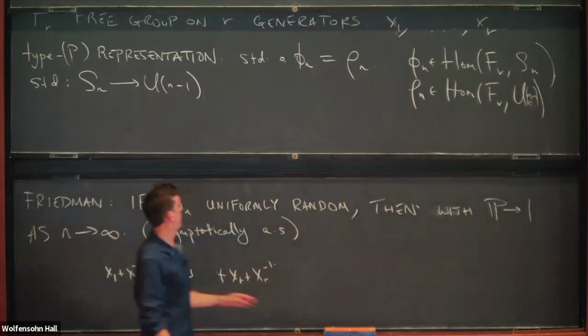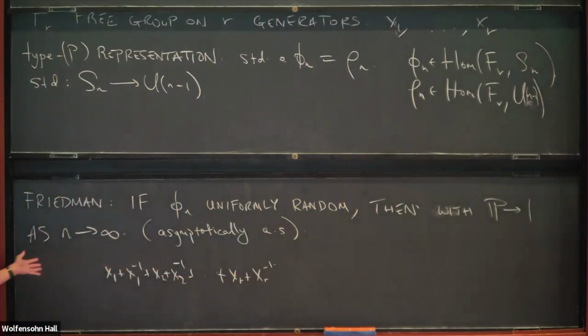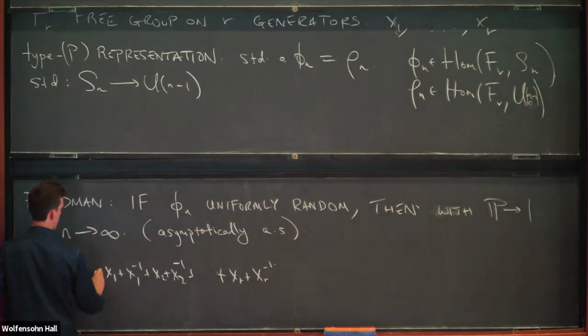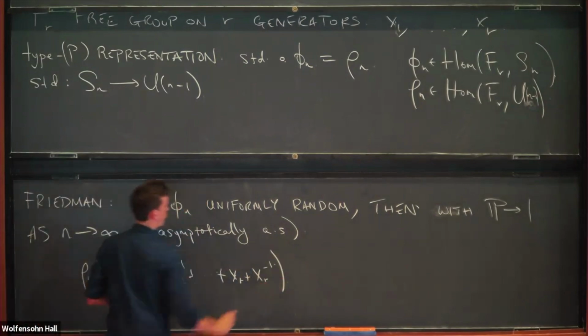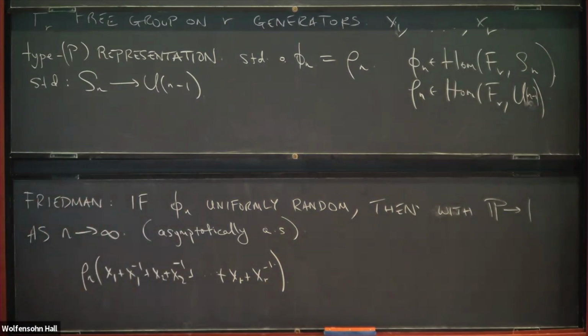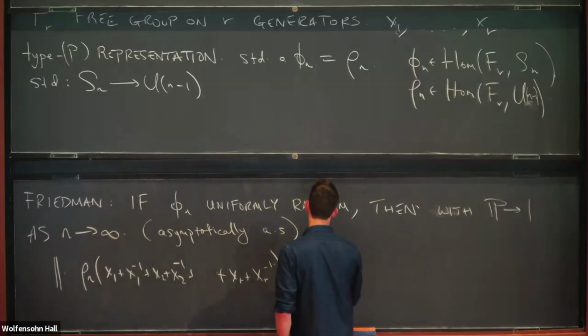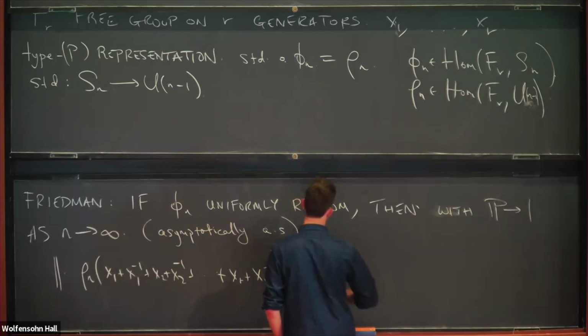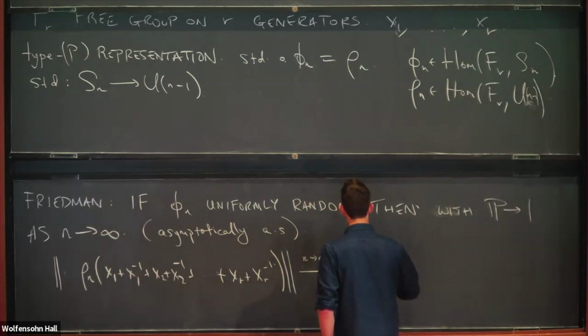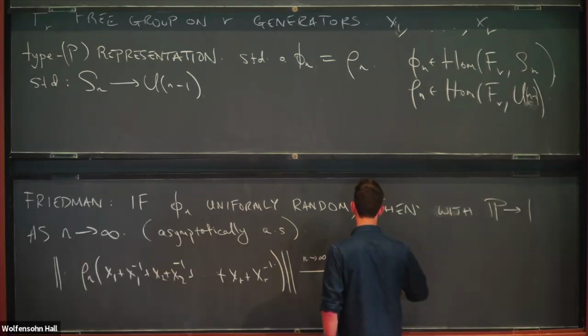Take this representation, which should be U_{n-1}, extend it linearly to the group ring, and apply it to this element. Let's call it rho_n. So this gives me a finite dimensional matrix. And then take its operator norm. It converges as n tends to infinity to the operator norm of some other representation of the same element.